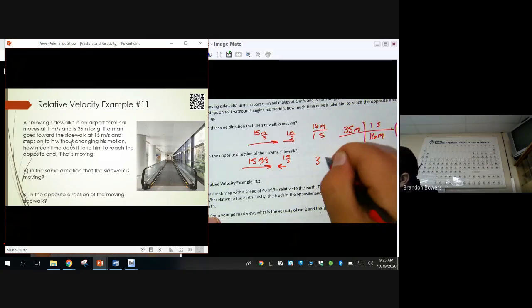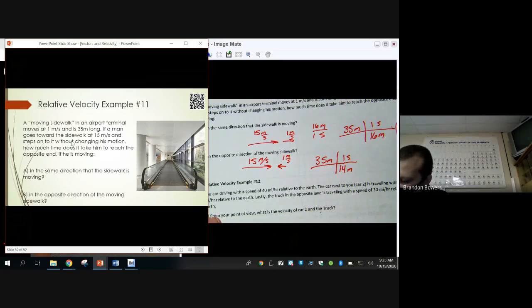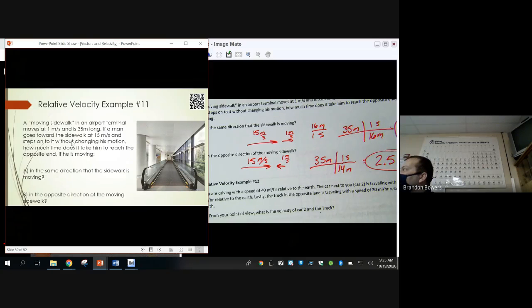So once again, 35 meters, but this time he's going 14 meters per second. I got 2.5 seconds. It's like going up an escalator, you're not supposed to move the sidewalk.